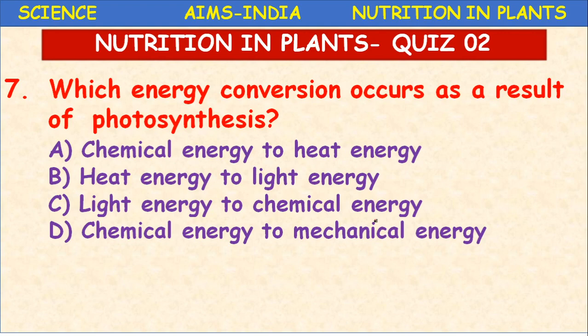Energy can be neither created nor destroyed, but it can be transformed from one form to another form. It is a universal law of energy. So here, during photosynthesis, light energy is converted into chemical energy during the photochemical reaction called photosynthesis.